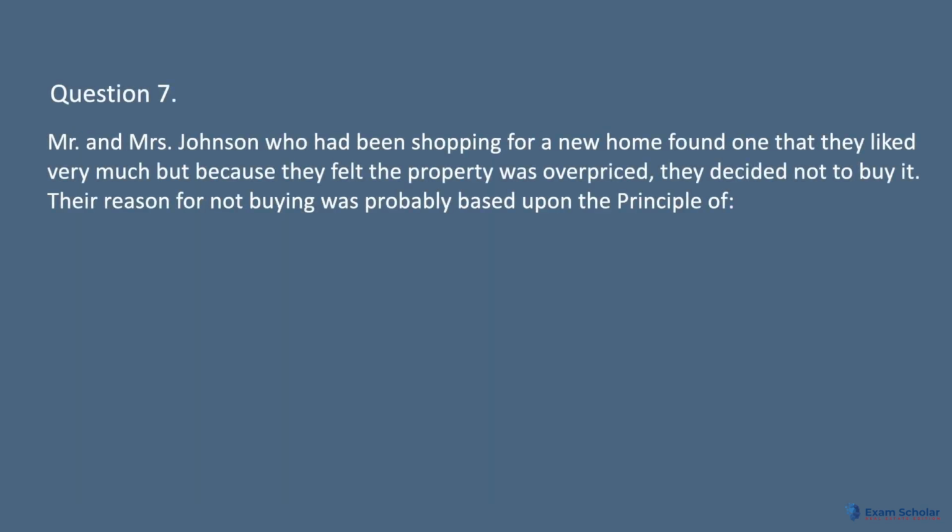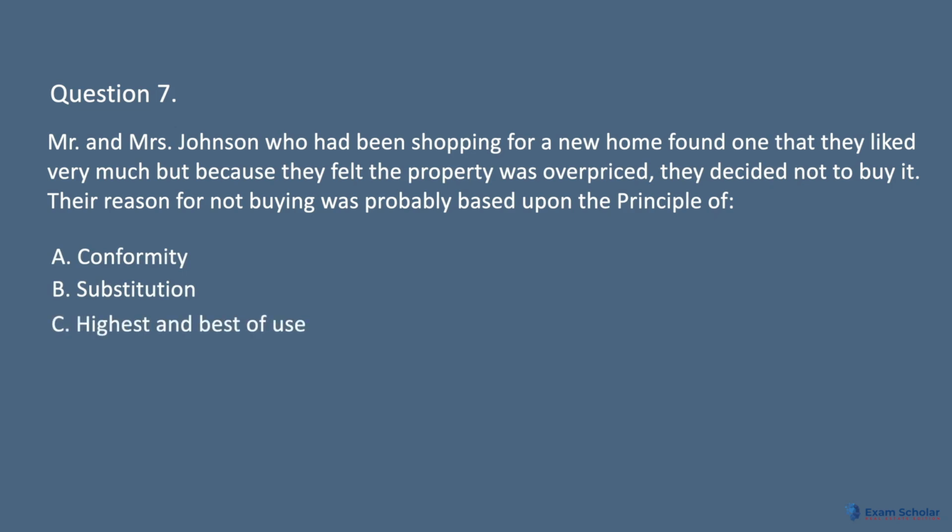Question 7. Mr. and Mrs. Johnson, who had been shopping for a new home, found one that they liked very much, but because they felt the property was overpriced, they decided not to buy it. Their reason for not buying was probably based upon the principle of A. Conformity. B. Substitution.